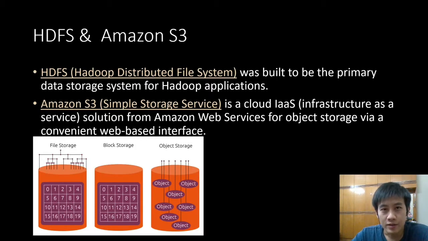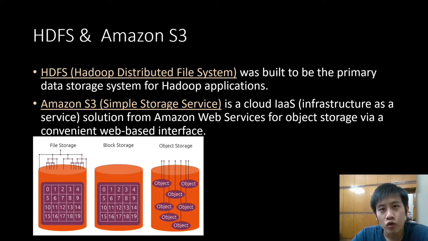To handle big data, we have two common file storage systems. One is HDFS, which stands for Hadoop Distributed File System, which is based on block storage, while on the other hand, you have Amazon S3, Simple Storage Service, which is based on object storage.